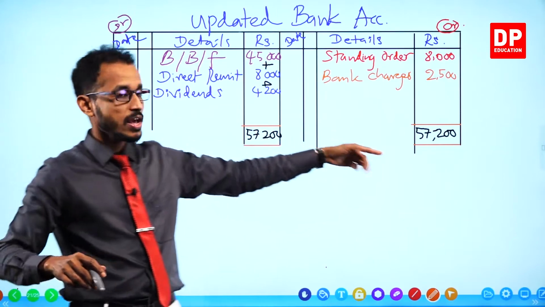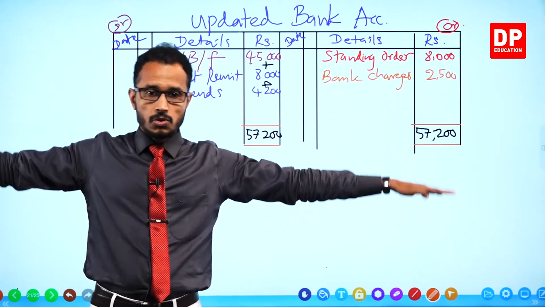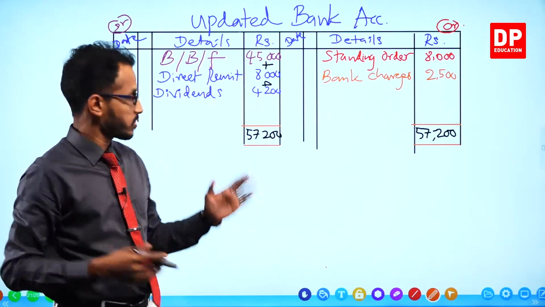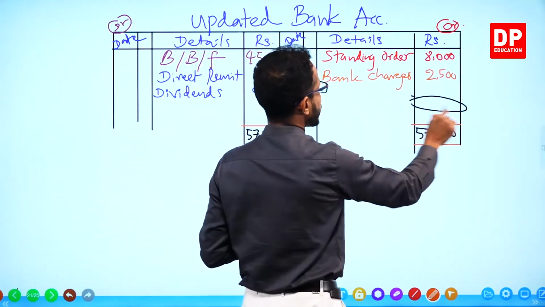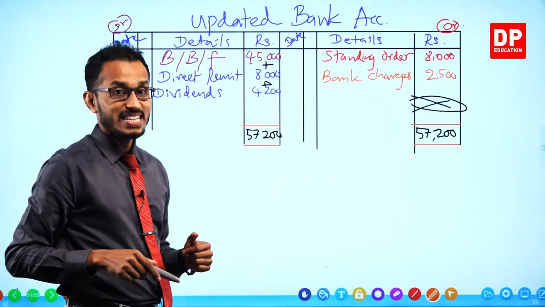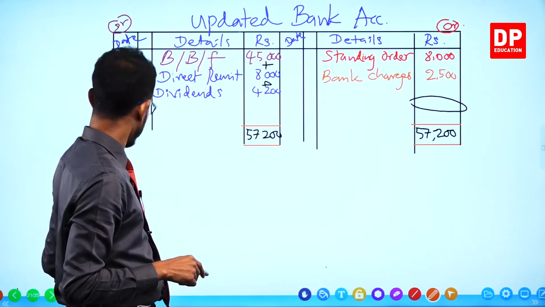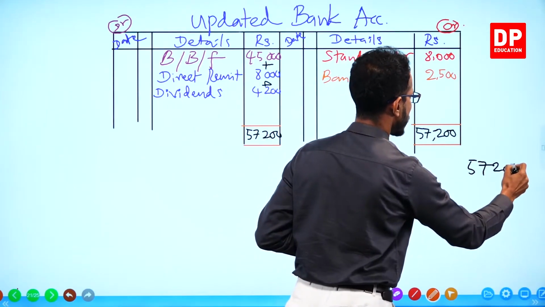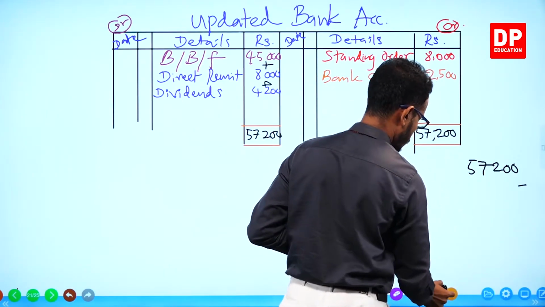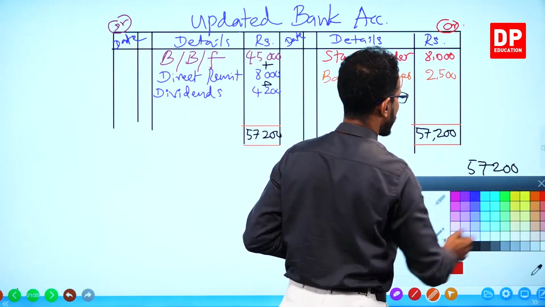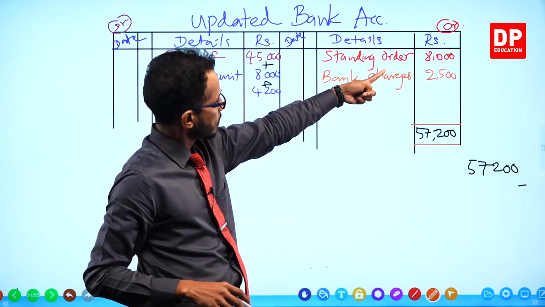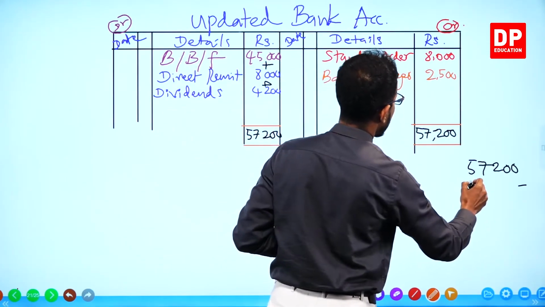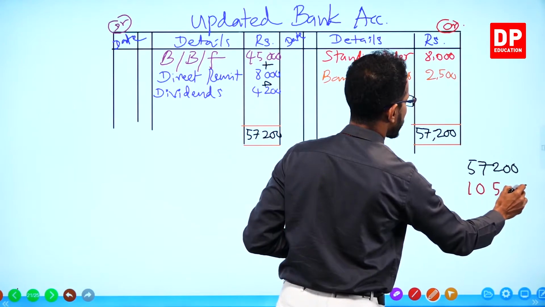Both sides should have the same total. That's why we are calling it balancing. Now it's balanced, but what is the shortage here? The difference. 57,200 minus the total of the credit side, 8,000 plus 2,000, 10,500.